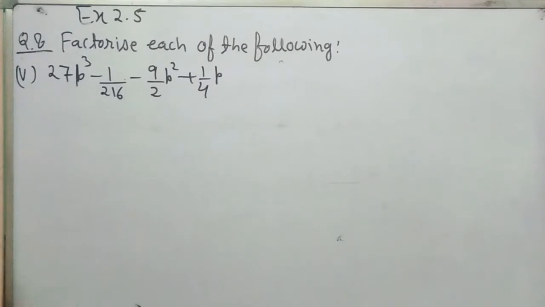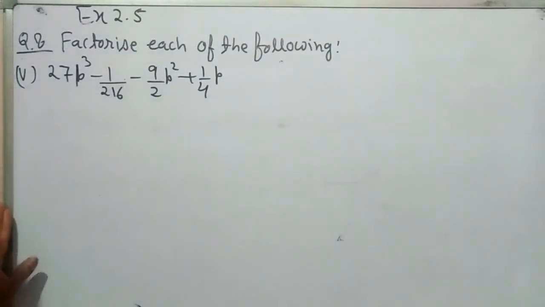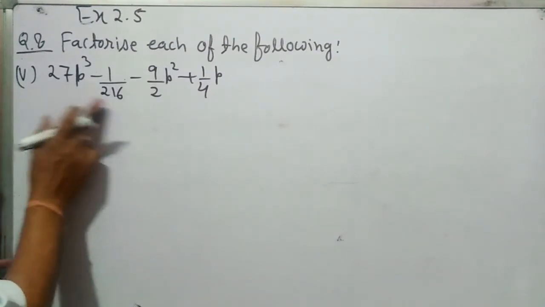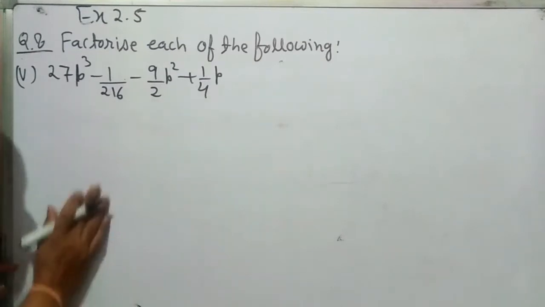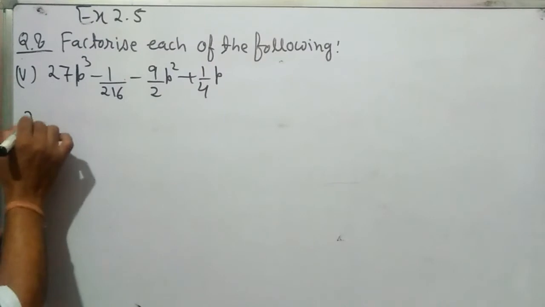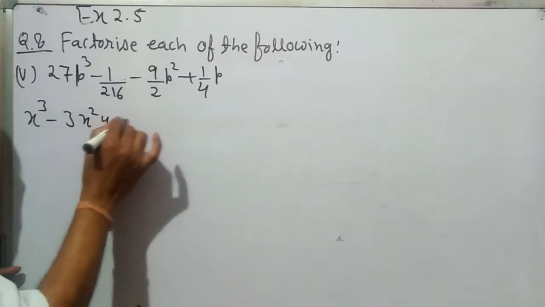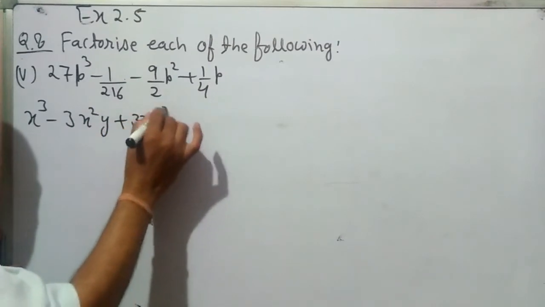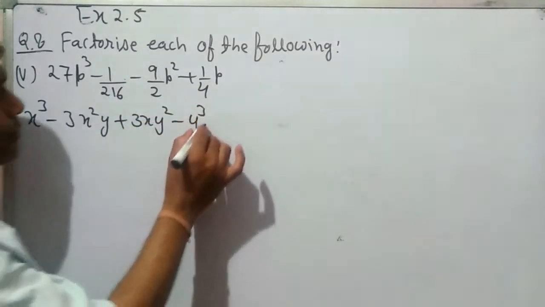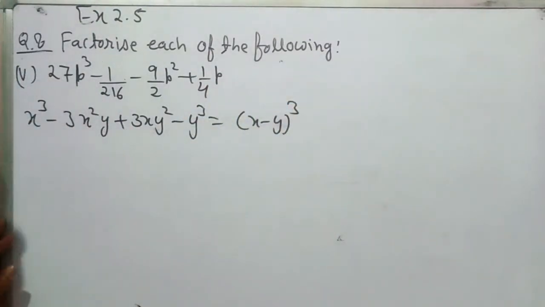Students, the fifth part of this will tell you why we actually need to match all the four terms. Here what we are seeing, we have two perfect cubes and two other terms, right? Write the identity first. X cube minus 3x square y plus 3xy square minus y cube, that is x minus y whole cube.